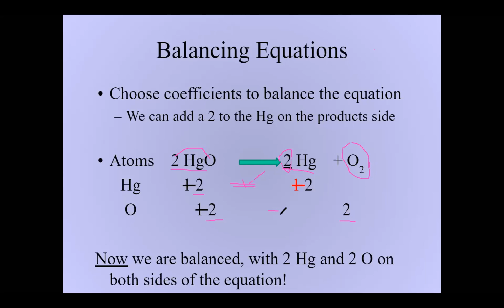So these guys are balanced. So now we have a fully balanced chemical equation. 2 HgO yields 2 Hg plus O2. We have the same number of Hgs on both sides and the same number of O's on both sides. We have a fully and completely balanced chemical equation.